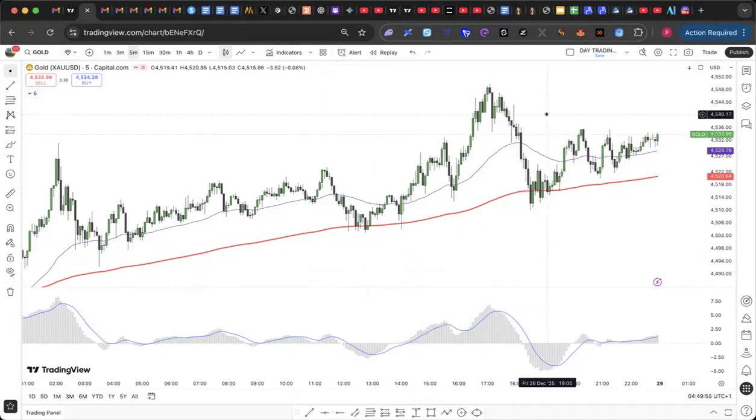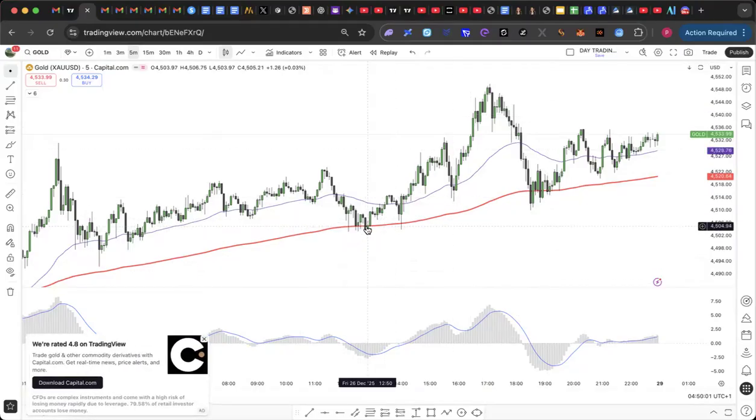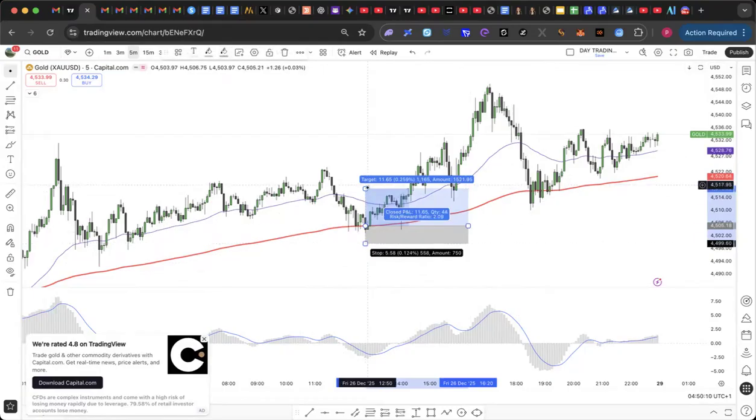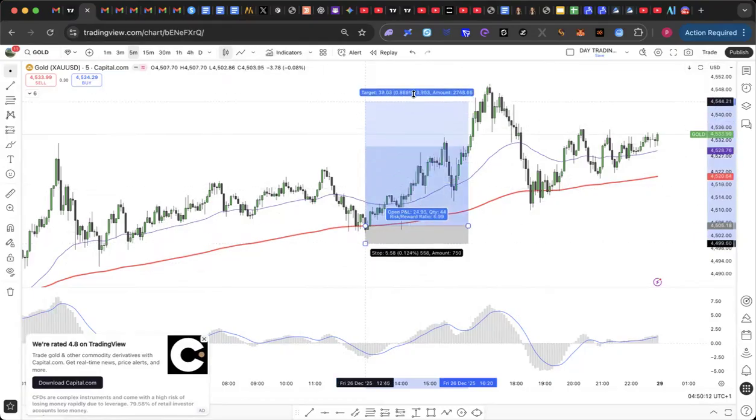Imagine when you find a trade here, your stop loss is going to be a little bit below the swing, or 17 pips.